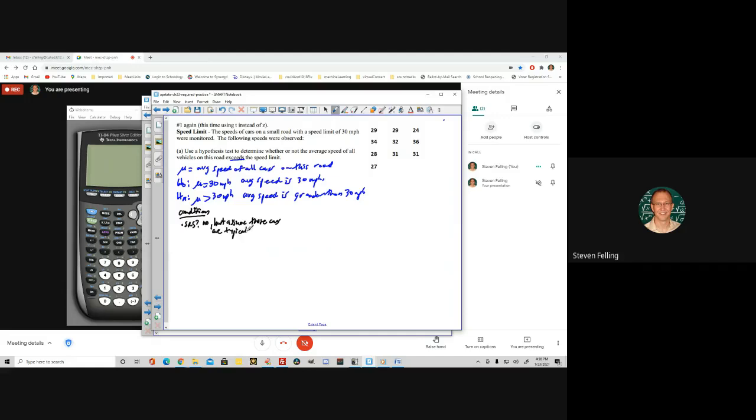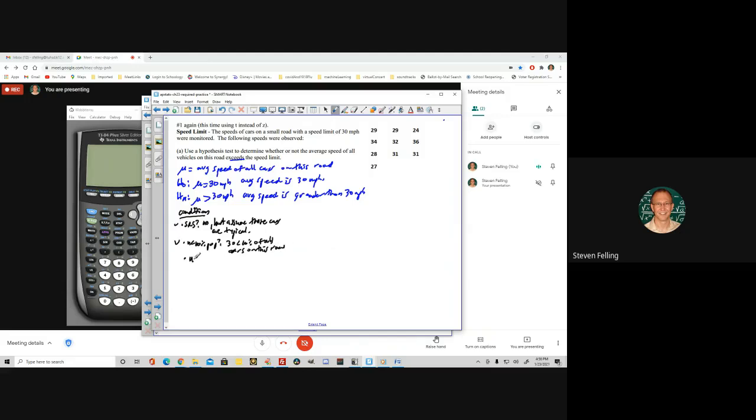Okay. And then we don't really have an independence one, but we do have to do n is less than 10% of the population. So for that, we're going to say 30 is less than 10% of all cars that drive on this road. Okay, so those are met.